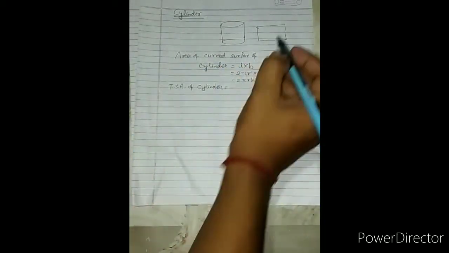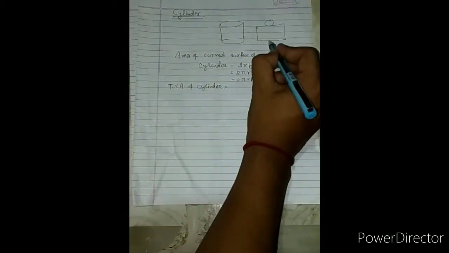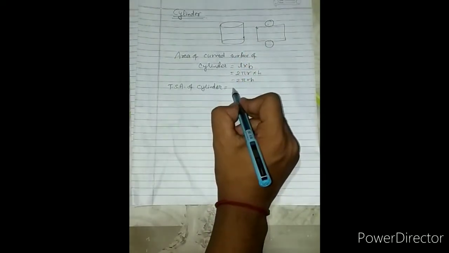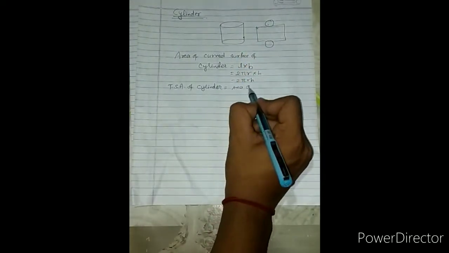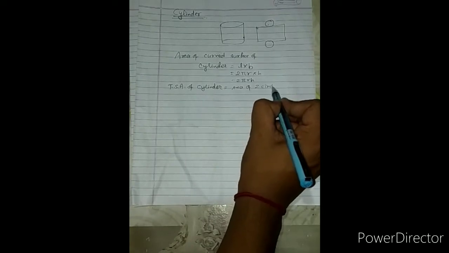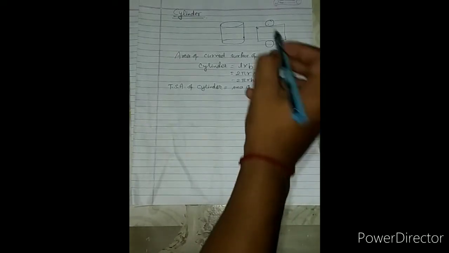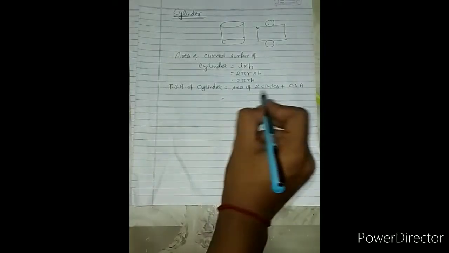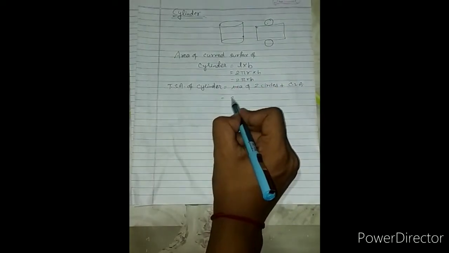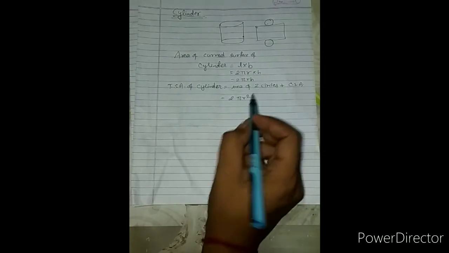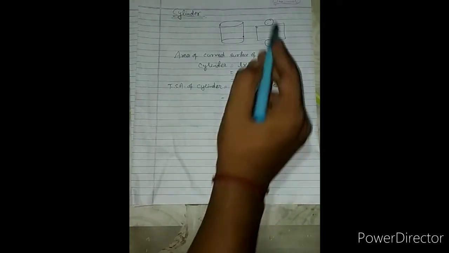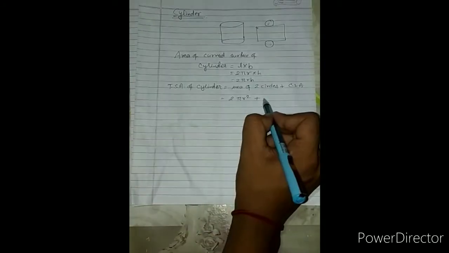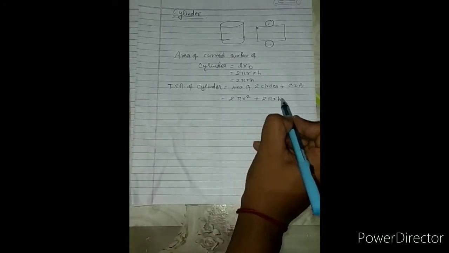So first of all find the area of two circles plus this curved surface area. Now area of two circles is 2 pi r square, because area of one circle is pi r square. Two circles are there, that's why 2 pi r square. CSA, just now we got 2 pi r h.